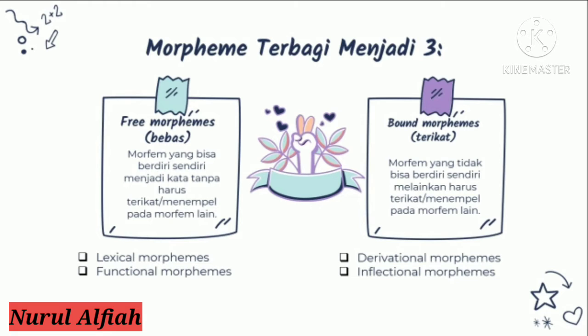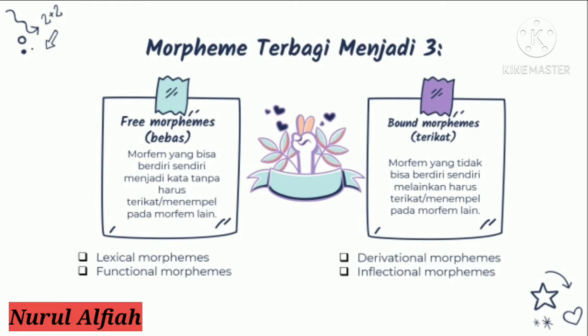They are divided into three, namely verbs, nouns, and adjectives. Functional morphemes can stand on their own but the content to be conveyed is unclear. They are divided into four, namely conjunctions, prepositions, articles, and pronouns.